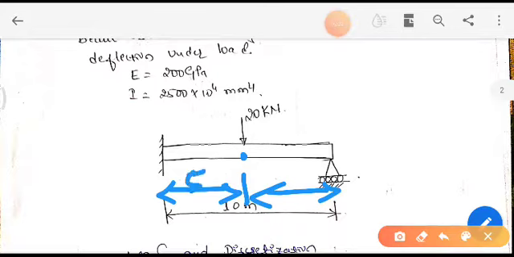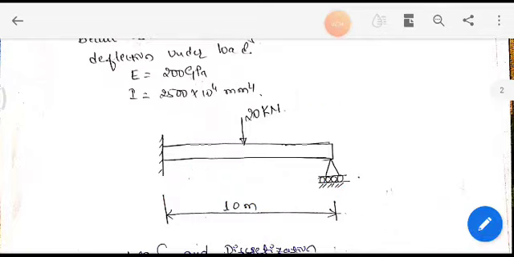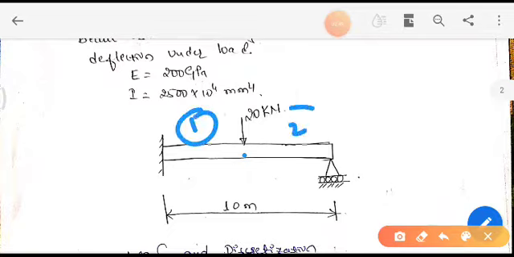So we need to create a node over here. Once we create a node here, the entire cantilever beam becomes two elements. Earlier it was one element, but since the load is applied at the midpoint, we need to create a node.